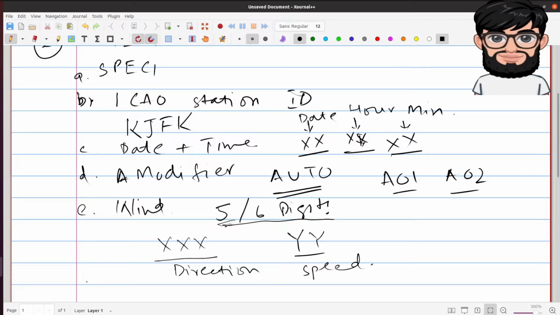Then we have visibility. Surface visibility in statute miles, and you will also see the letters SM for that.